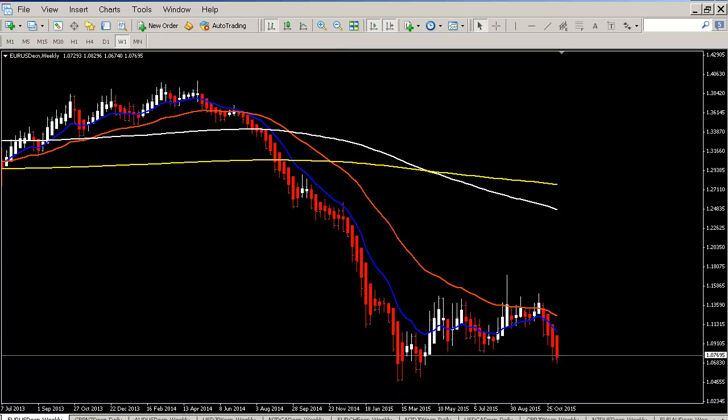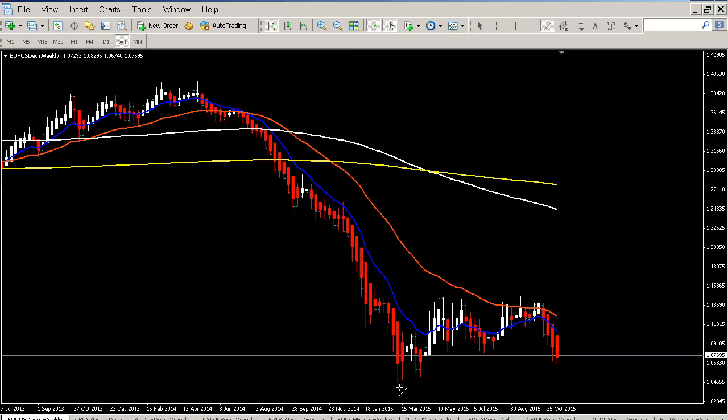So far on the weekly chart, you can see the price is just moving down. It started to range. There was a spike. Price failed to move higher, and then after a longer range, it really started to move lower.